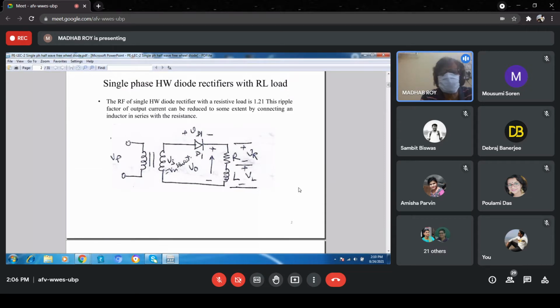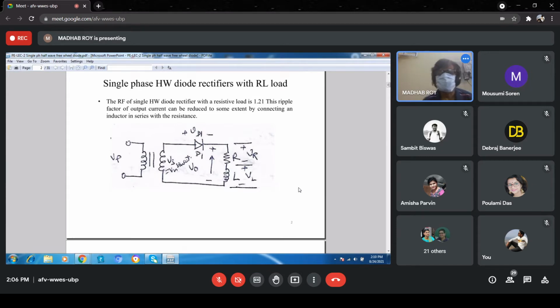That was not available when we put half wave and resistive load. So the constant current achievement can be improved by applying the resistive and inductive load.